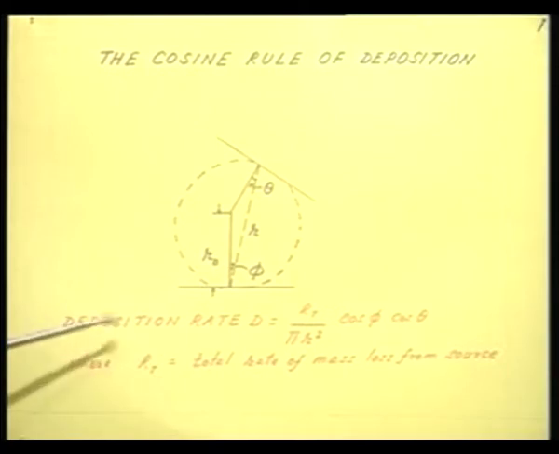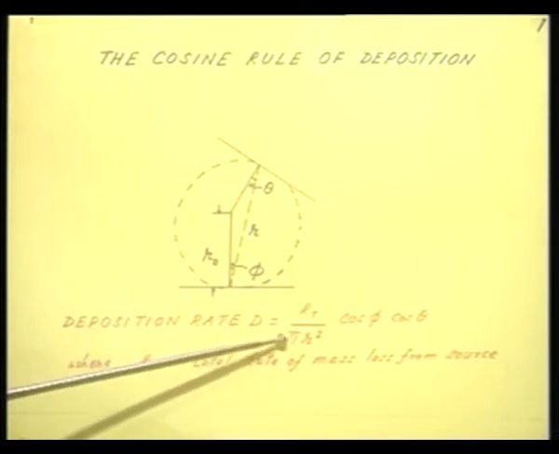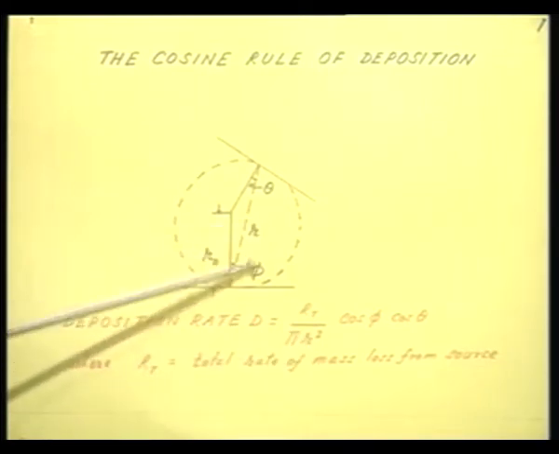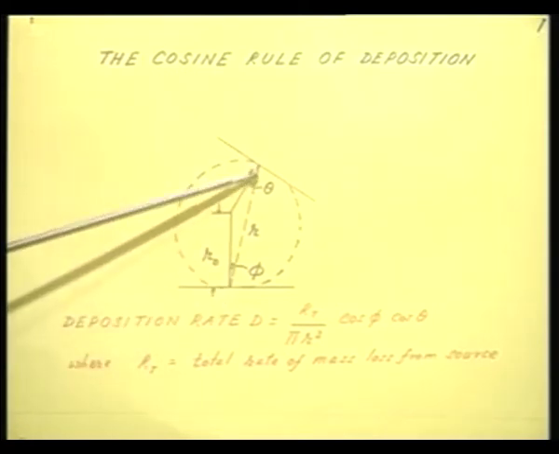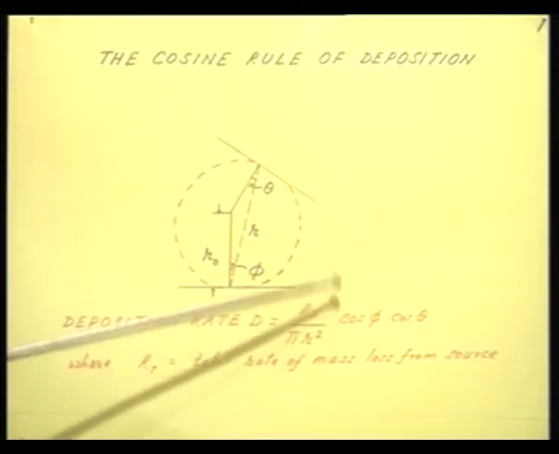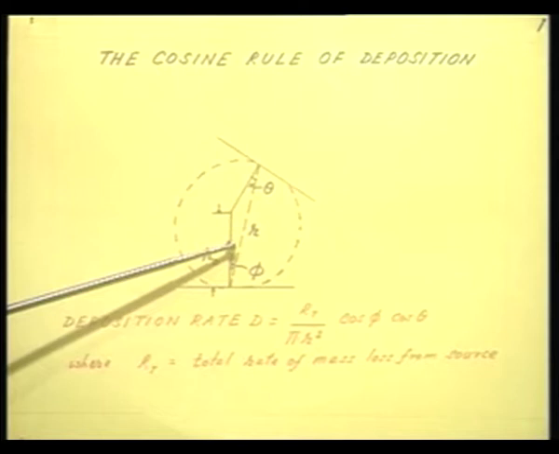And the deposition rate D is given by R_T by pi r square cos phi cos theta. R is the distance between the source and the substrate along the line of deposition. That is, the deposition rate is proportional to the cosine of these two angles phi and theta.